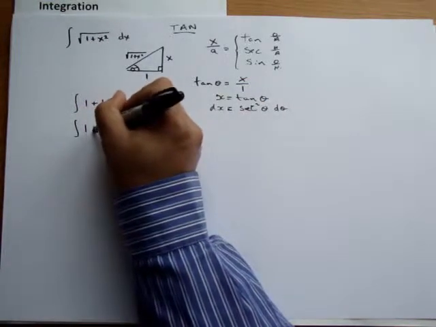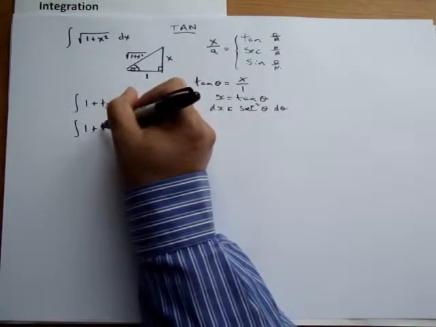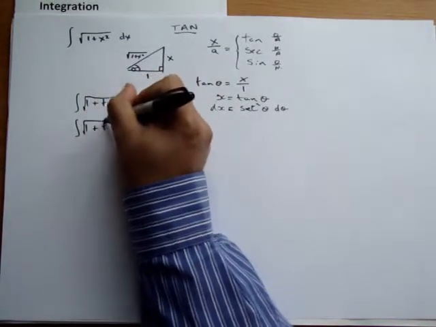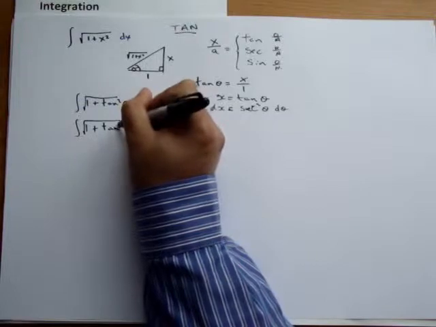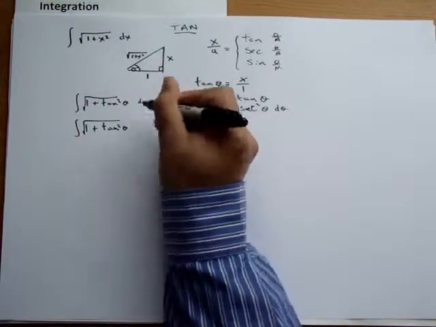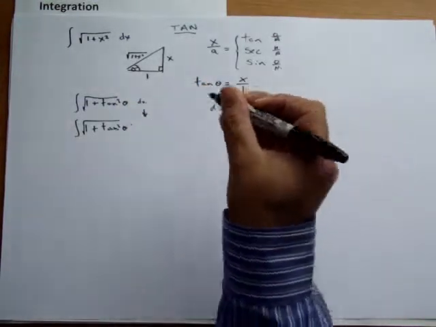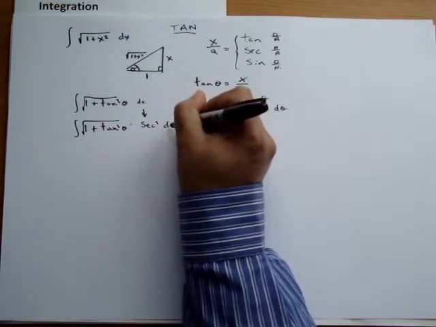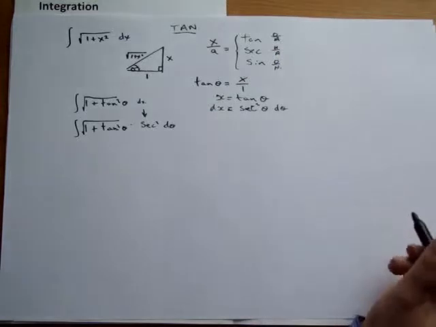So this becomes 1 plus, sorry, that should be under root, tan squared theta. The dx becomes sec squared d theta.